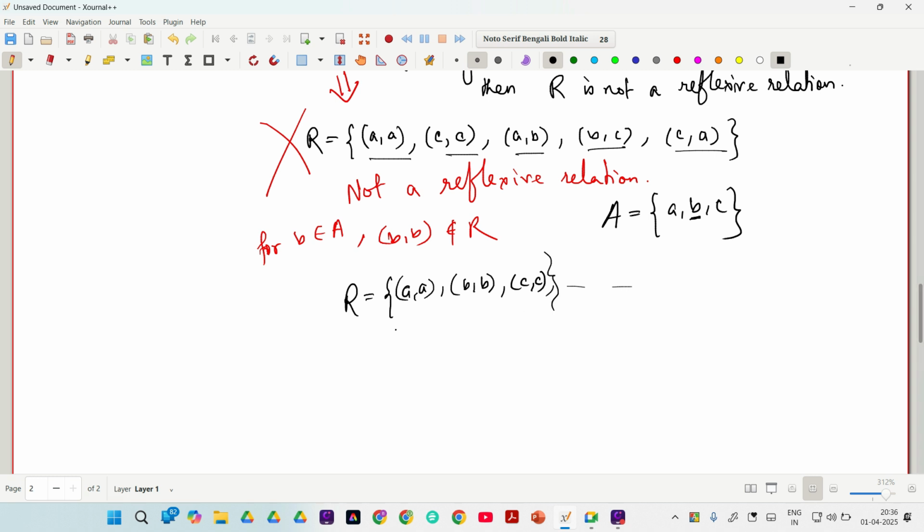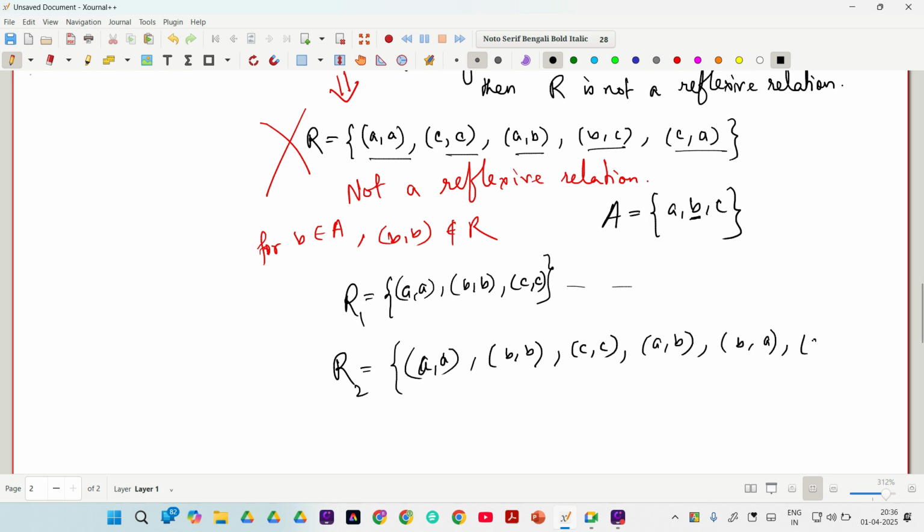So this is the reflexive relation. To be precise, this is the reflexive relation, and I'm taking this as R1, this is R2. This is (a, a), this is (b, b), this is (c, c). For explaining the second point, I am taking other elements (a, b), (b, a), (c, b), these extra three elements.